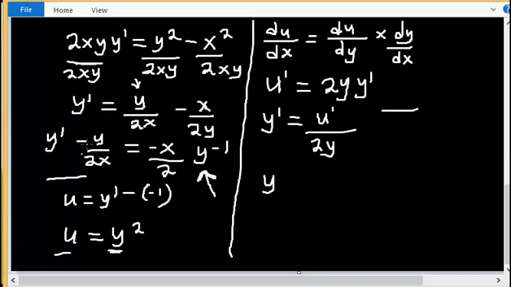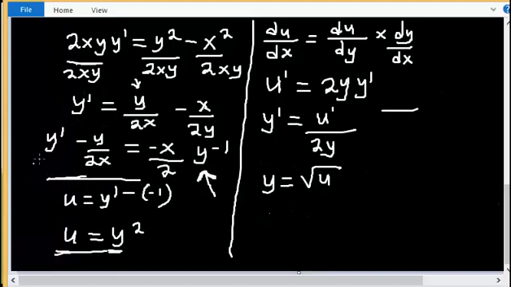Since u is equal to y squared, for me to get y from this relationship, y would be the square root of u. Y will be the square root of u. So now I can go ahead with my substitution. This is my equation.